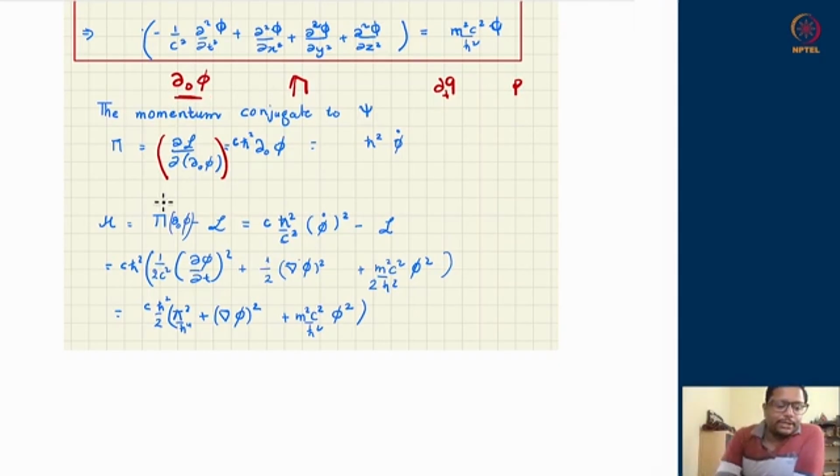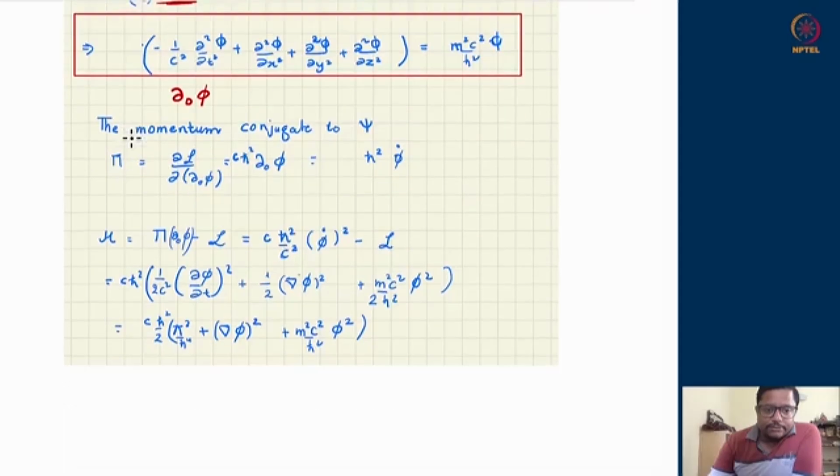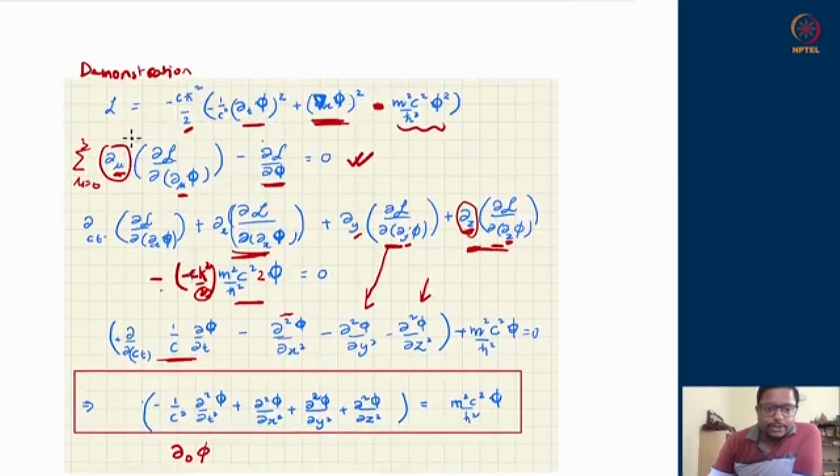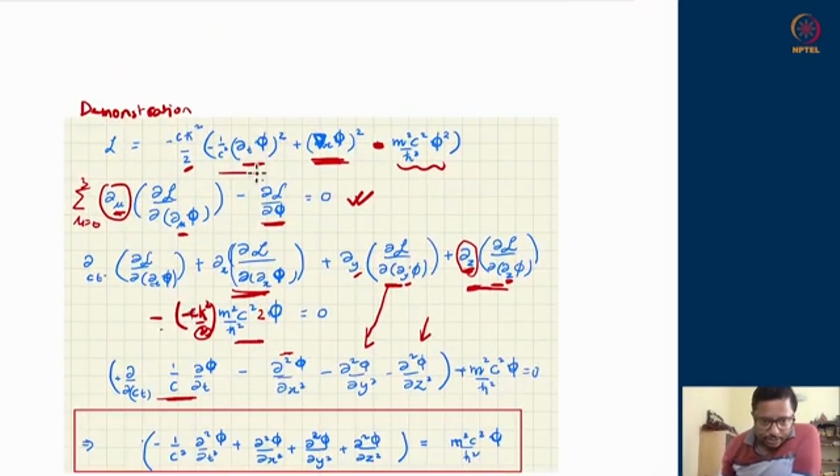So first I obtain the conjugate momenta corresponding to phi, which will be identified as del L over del 0 phi. So again, in the Lagrangian density, we will search for where del 0 phi is. Remember, the term 1 over c square del t phi square can also be written as del 0 phi whole square.